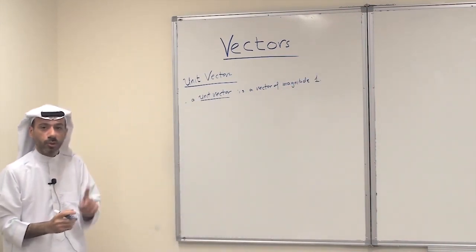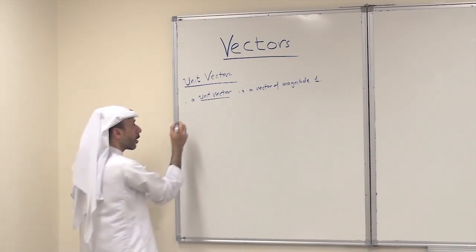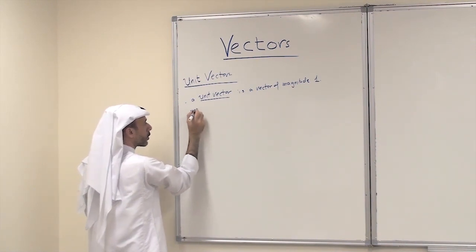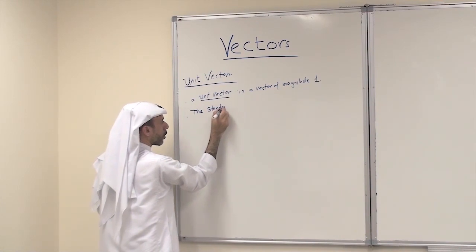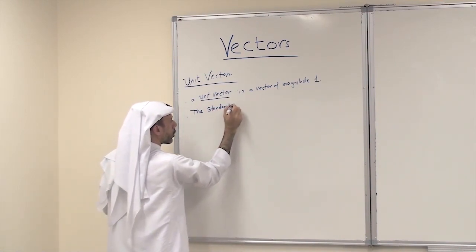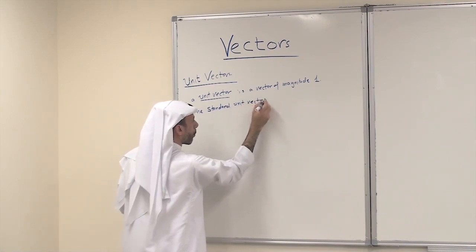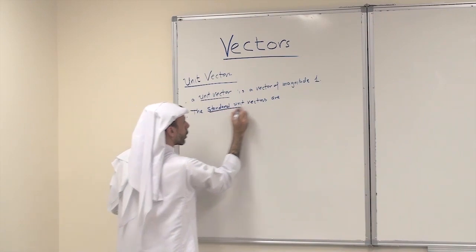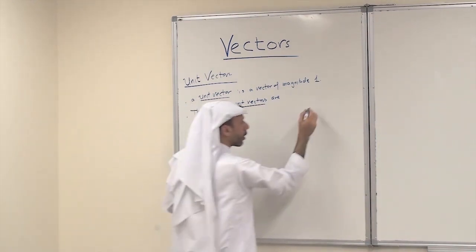Any vector of magnitude 1 is called a unit vector. There are three basic standard unit vectors. The standard unit vectors are, in fact, in three-dimensional space, three standard unit vectors, and they are the following.